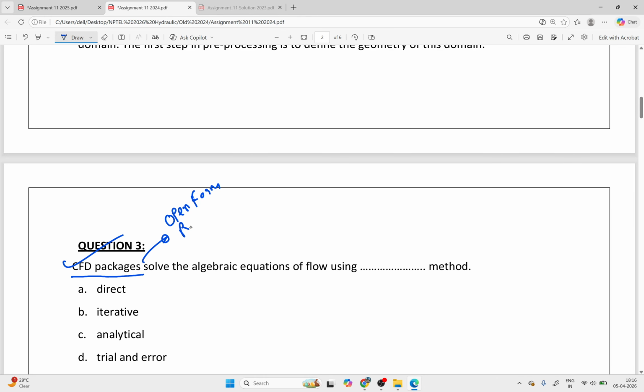It may be OpenFOAM, it may be REEF3D, it may be ANSYS, it may be FLOW-3D. The CFD package solves the algebraic equations.